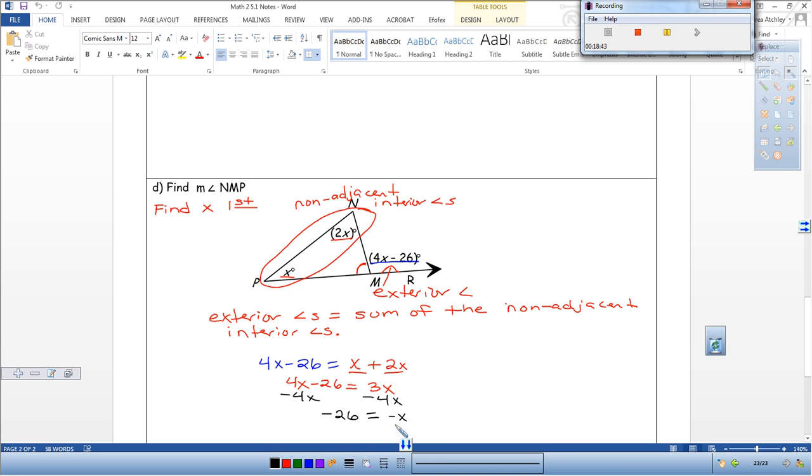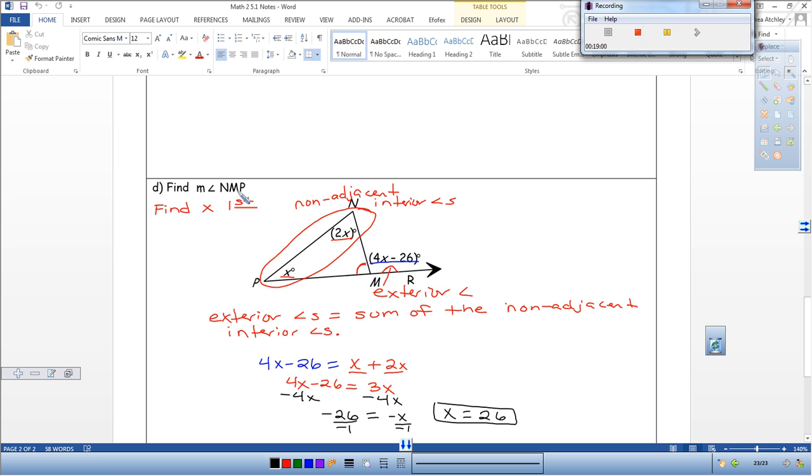I'm going to divide by negative 1 on both sides. I'm going to get x equals 26. Any questions?